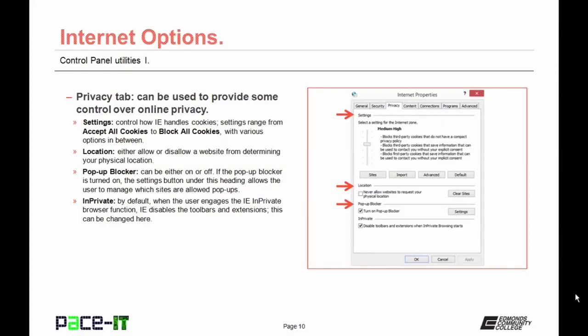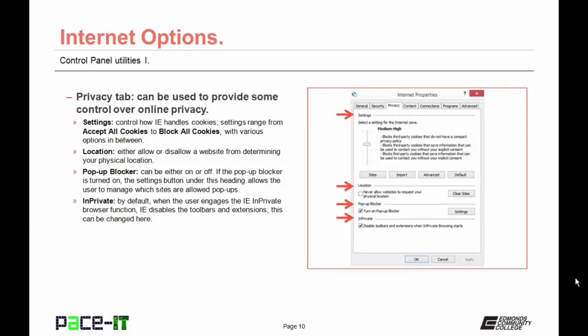The pop-up blocker can either be on or off. If the pop-up blocker is turned on, the settings under this heading allow the user to manage which sites are allowed to use pop-ups. The In Private section. By default, when the user engages the Internet Explorer In Private browser function, Internet Explorer disables the toolbars and extensions. This can be changed from here.